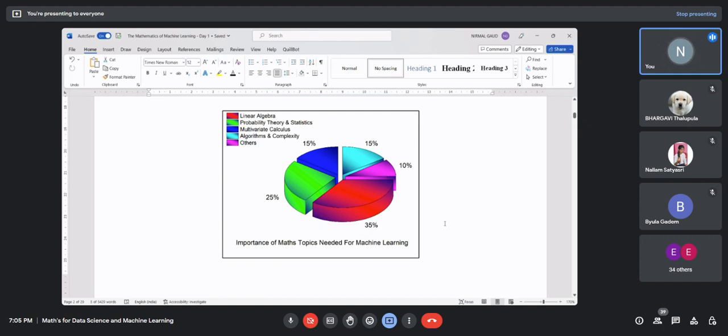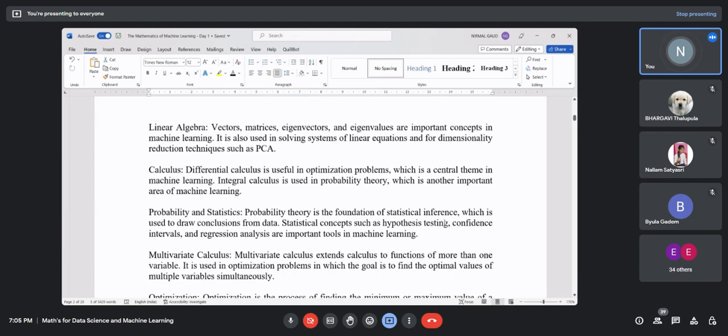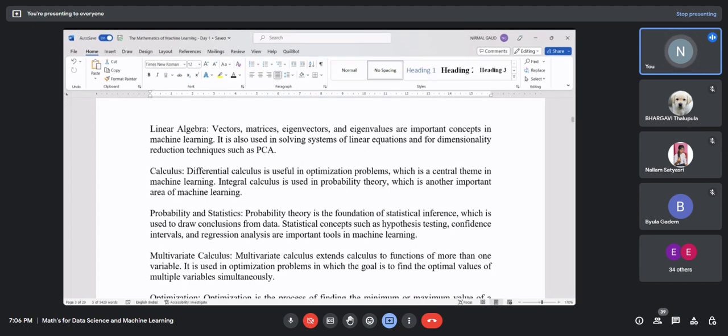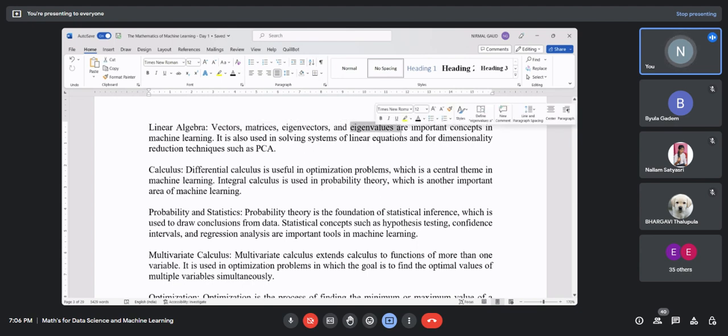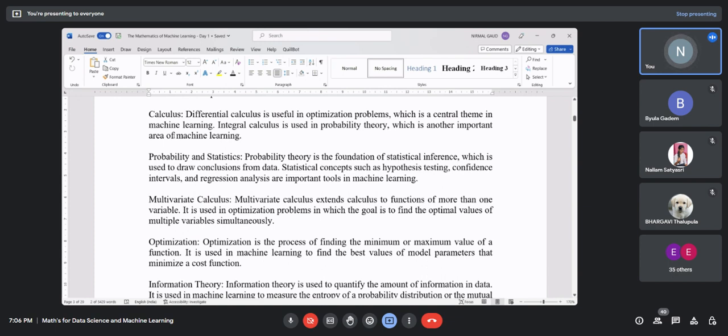Considering the importance of linear algebra, this will be our first topic, and in this maths series we are going to learn about linear algebra, which includes vectors, matrices, eigenvalues, eigenvectors, everything. In calculus, I hope you know about differential calculus and integral calculus.